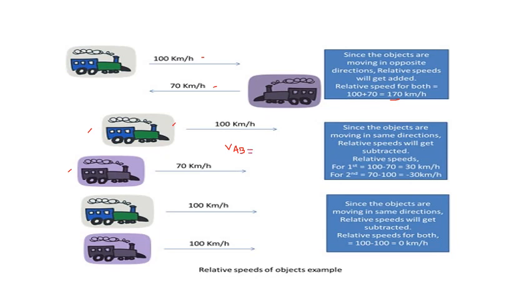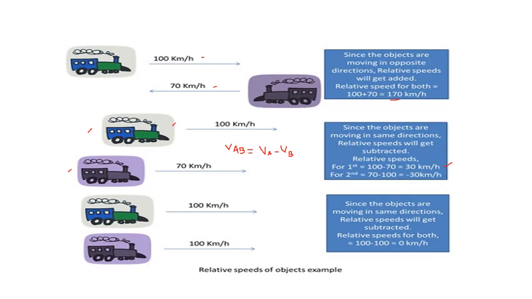VAB equal to VA minus VB, isn't it? VA is 100 km per hour and VB is 70 km per hour. Then the relative velocity is 30 km per hour. This is your first relative velocity, that is relative velocity of object A with respect to object B.